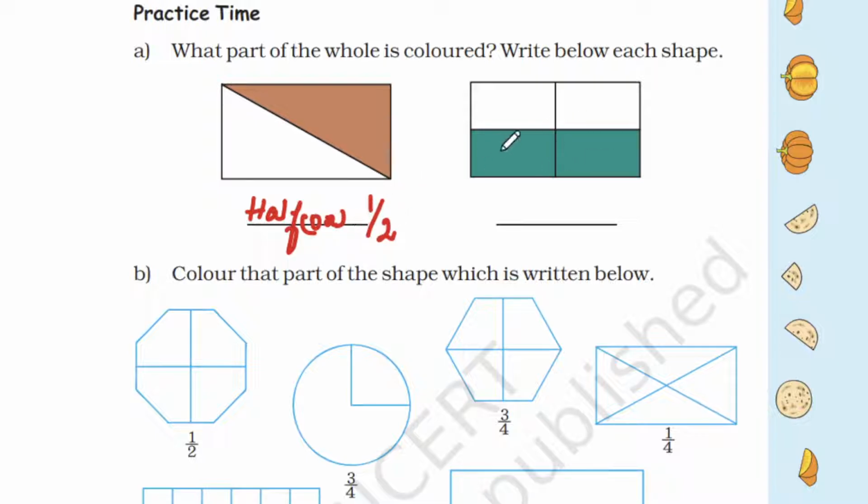Here half is colored, so this one is also 1/2. If this part is also colored, then it is 3/4.